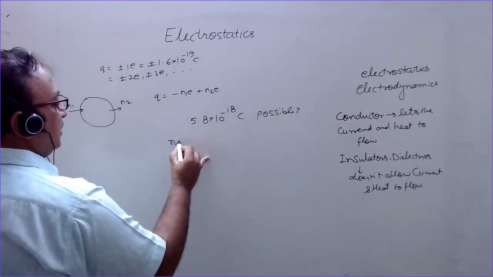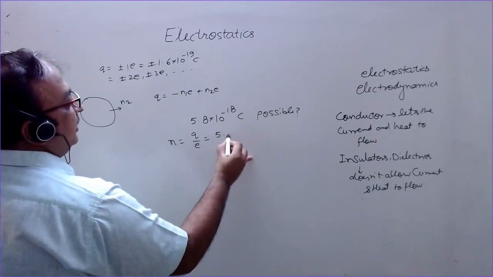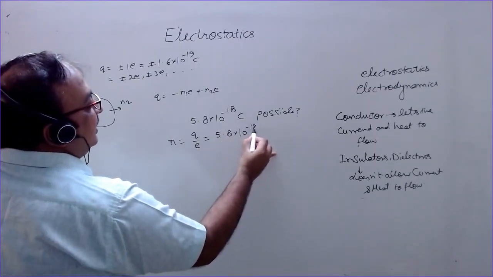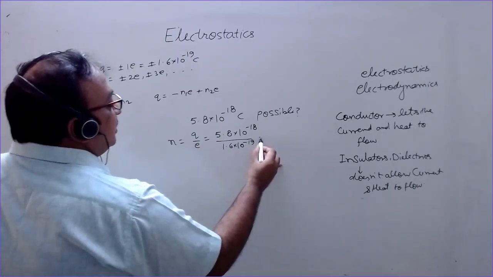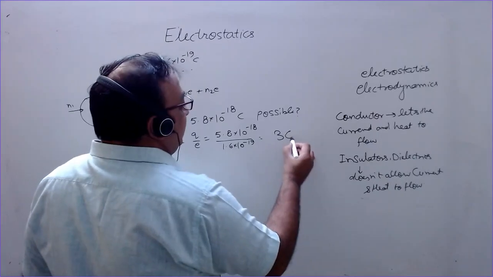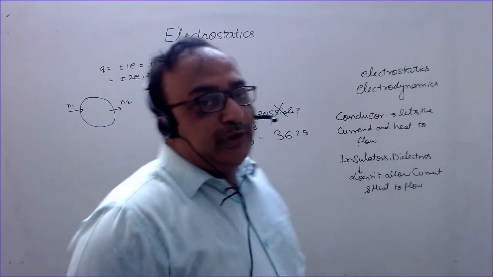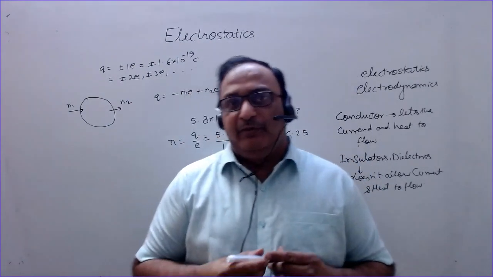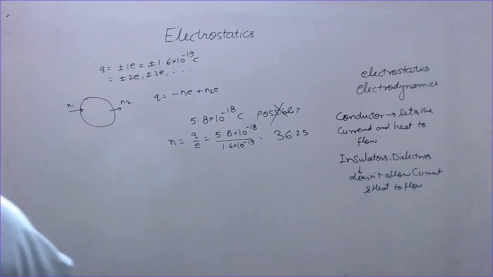Number of electrons n is Q divided by e, that is 5.8 × 10 to the power minus 18 upon 1.6 × 10 to the power minus 19. If you solve this, you should get an integer value for n. On solving this, you will get 36.25. So not possible, because 36.25 electrons cannot be transferred from a body, either 36 or 37. This is the answer to this question.